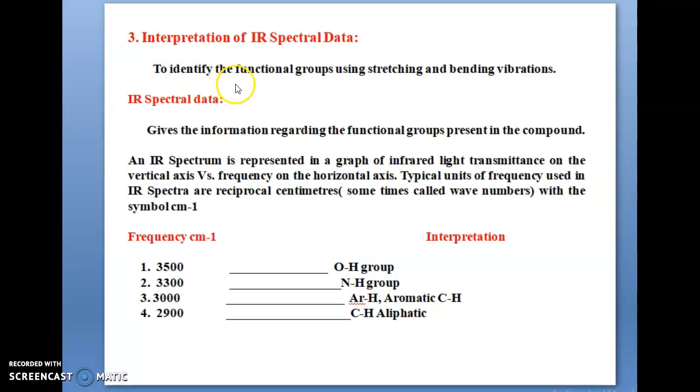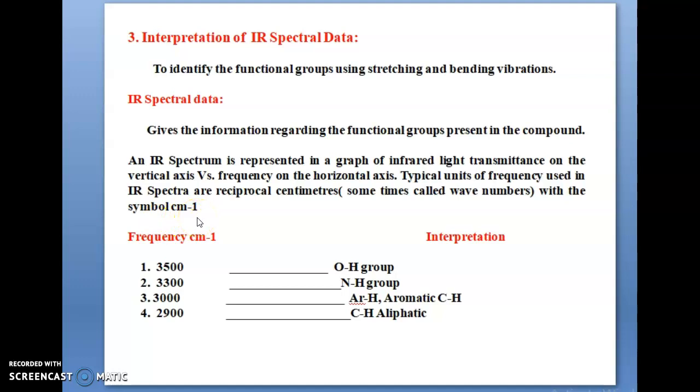IR spectral data gives information regarding the functional groups present in the compounds. An IR spectrum is represented as a graph of infrared light transmission on the vertical axis versus frequency on the horizontal axis. Typical units of frequency used in IR spectra are reciprocal centimeters, sometimes called wave number, with the symbol cm inverse.